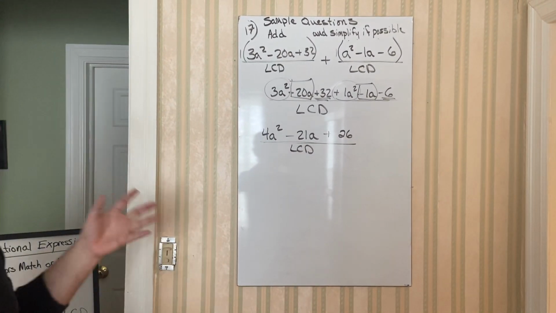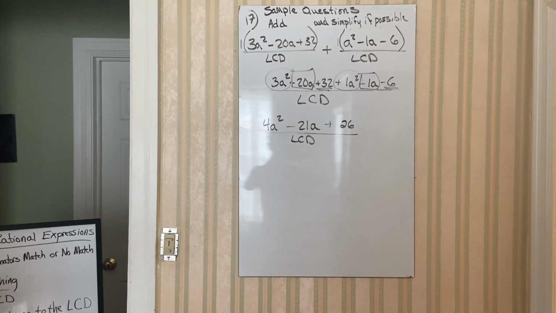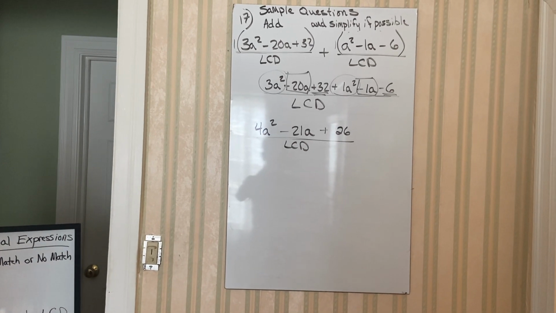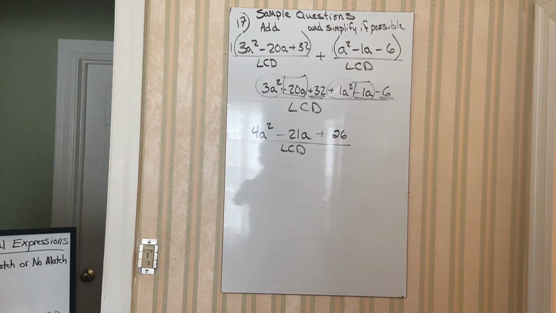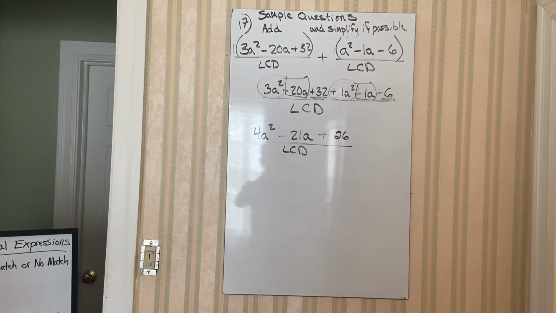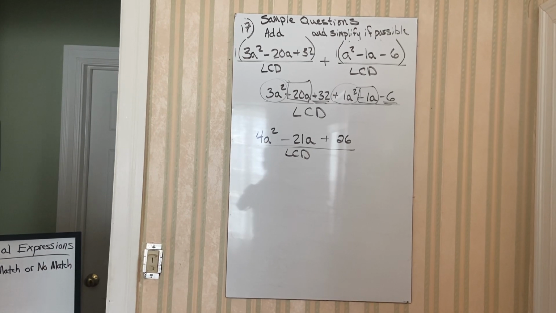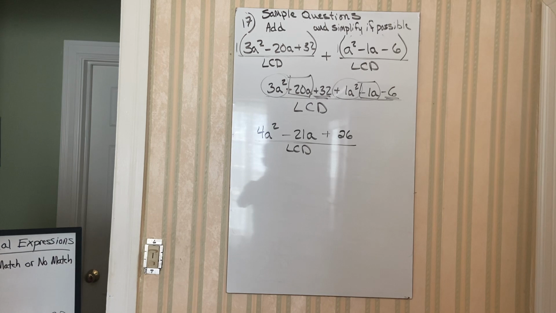Now, this would have been technically adding, but not necessarily simplifying. Notice the direction said add and simplify if possible. How do you simplify? Oh, you're going to have to look at the top and realize, 3 terms. You're not going to do monomials.